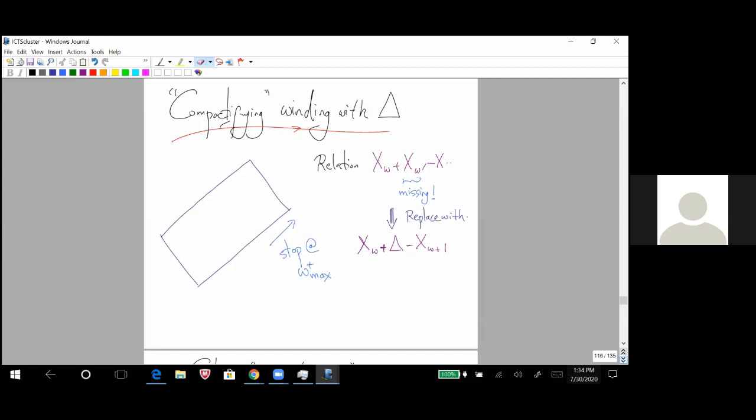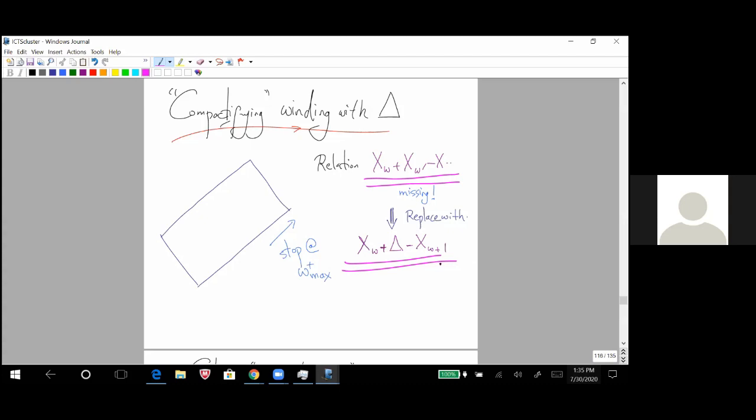So that's what I've written down here. And the answer is very simple. Whenever you see this relation involving someone that is beyond your winding cutoff, you just replace it with this one, okay? You just replace it with x winding plus delta minus x winding plus 1.